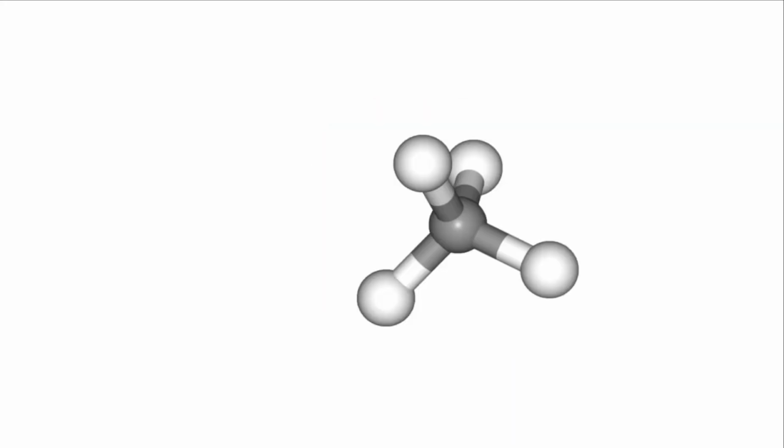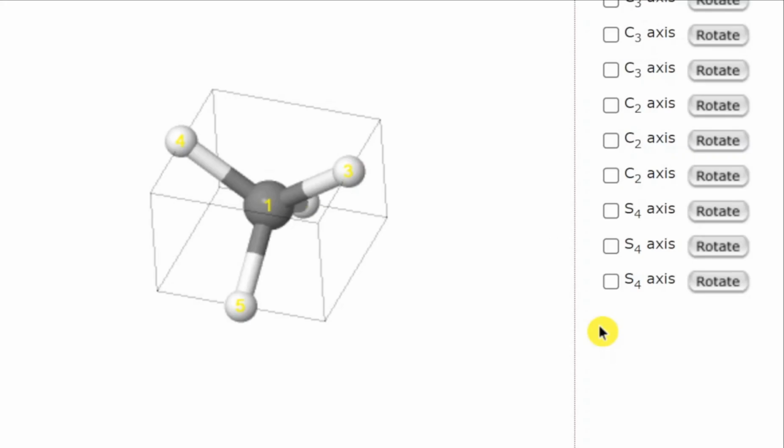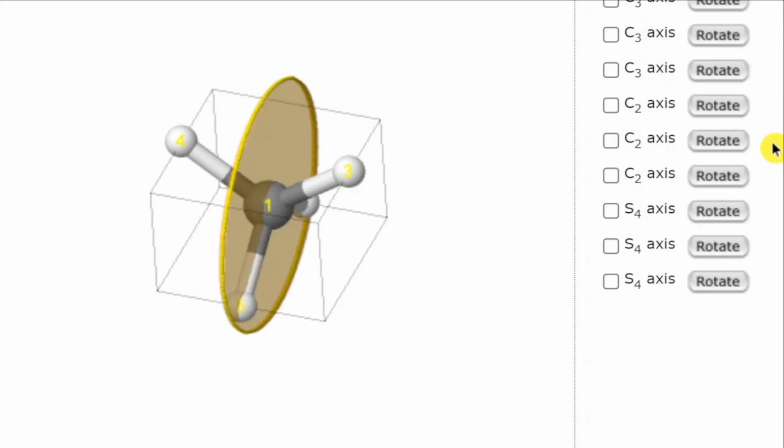Now let's take a little more complex symmetry molecule, and the first one is the methane molecule, which is tetrahedral. This is much more symmetric than all other molecules that we have discussed so far, and this methane molecule possesses 6 planes of symmetry. The first plane passes through 3 atoms, central carbon and the other 2 atoms.